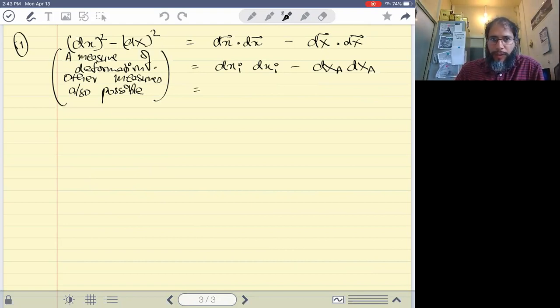Now, based on the relation that we developed in the last lecture, that is, we wrote dxi is xi comma a d capital X a.